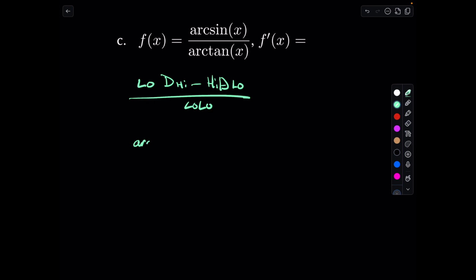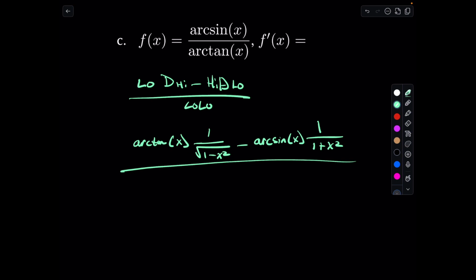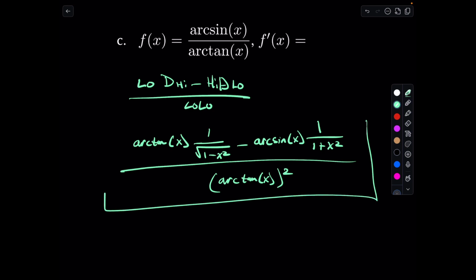So arctan times the derivative of arcsine, minus arcsine times the derivative of arctan, all over arctan squared. So these aren't terribly bad. I'm sure I could clean this up a bit, but we're just going to leave it like that.